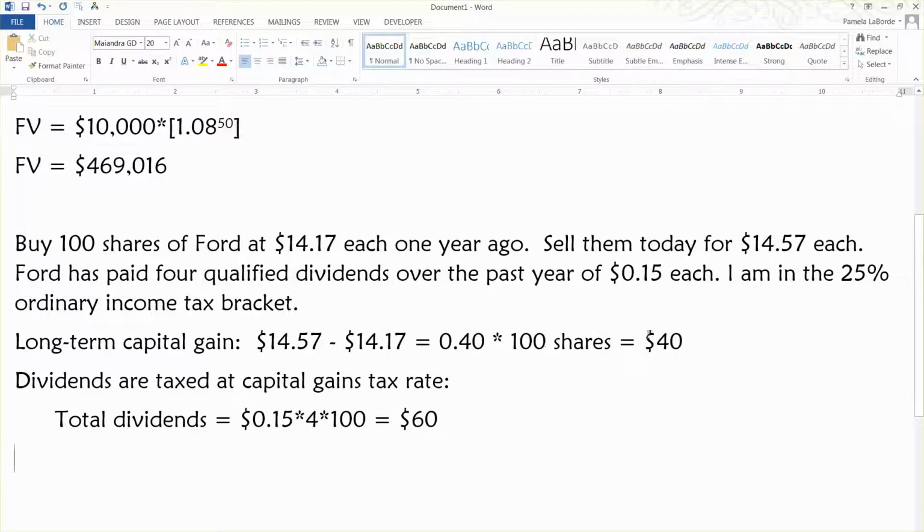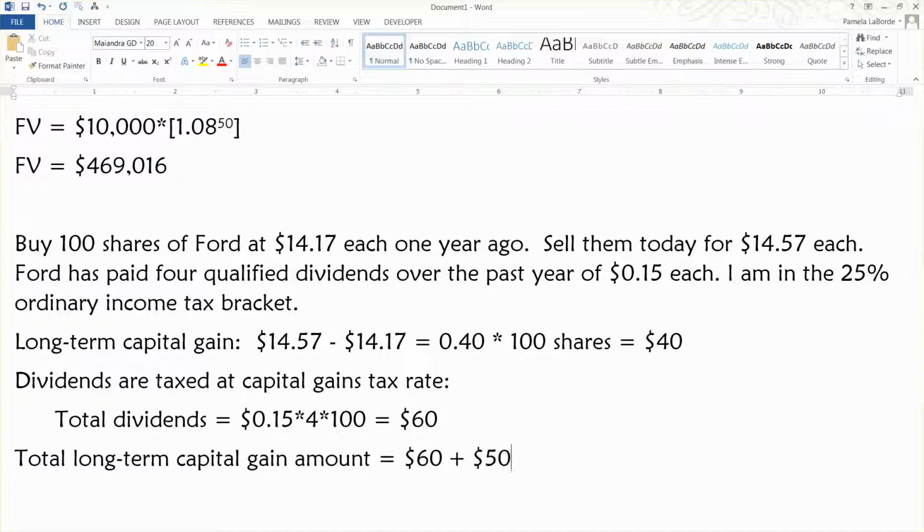Since both the $40 and the $60 are long term capital gains, I can just total those. So, total long term capital gain amount. I have a total of $100 in capital gains.